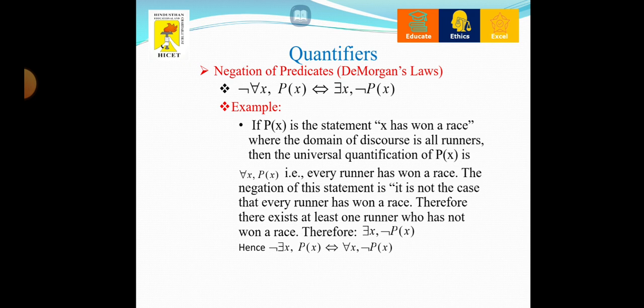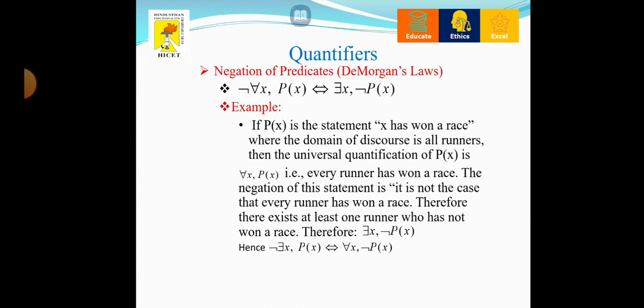Applying negation to this statement: it is not the case that every runner has won a race. What is the actual meaning? Some runner has not won a race.